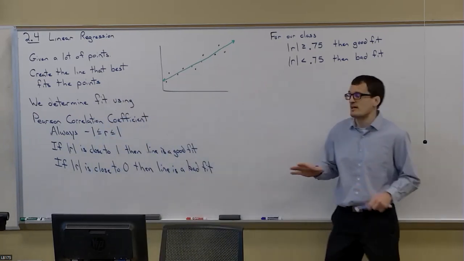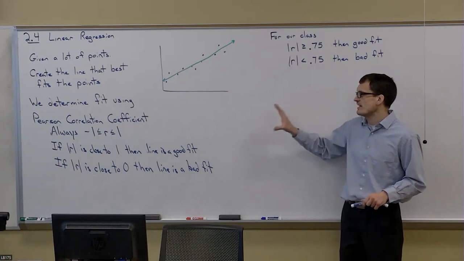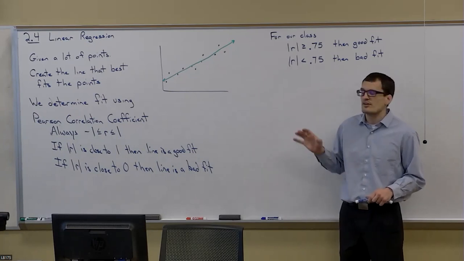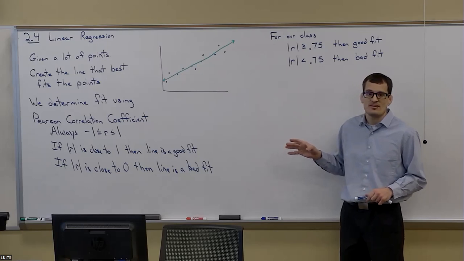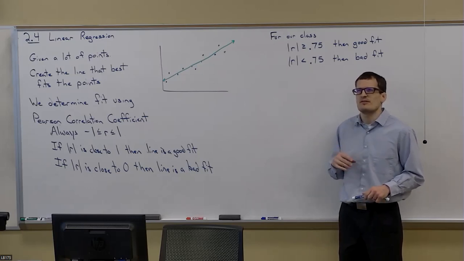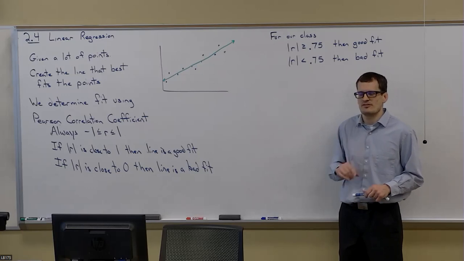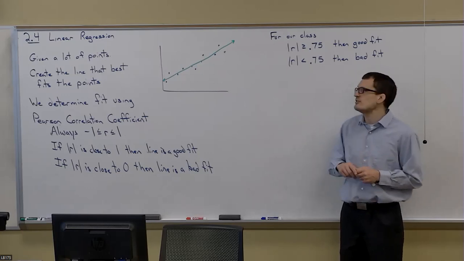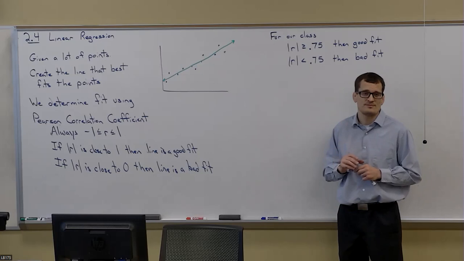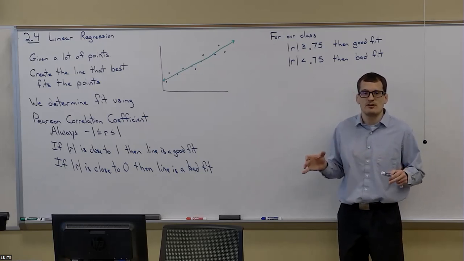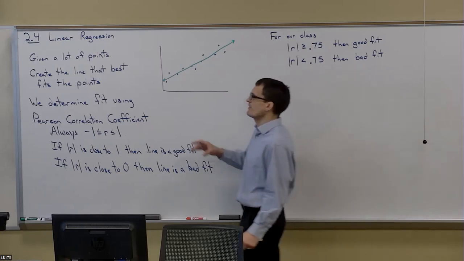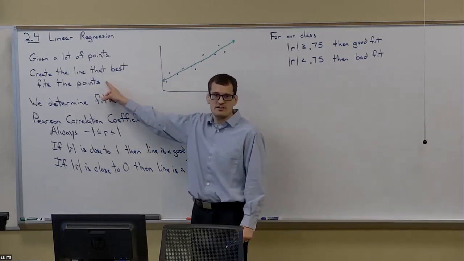Now, as far as the mathematics behind this, let me rephrase that. If you had to do this by hand, there are big, long formulas to come up with the line that best fits the data.